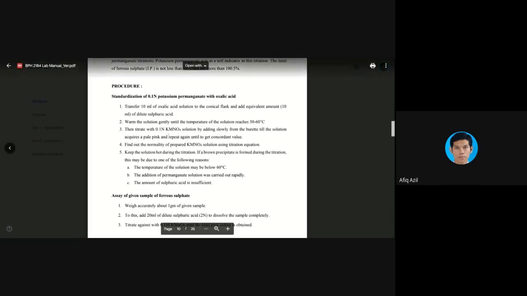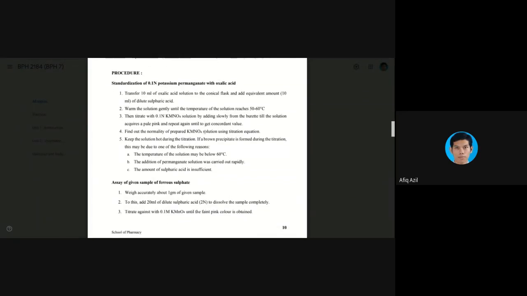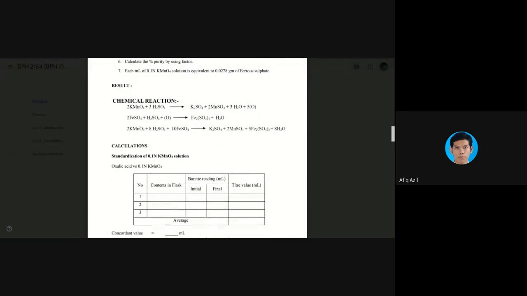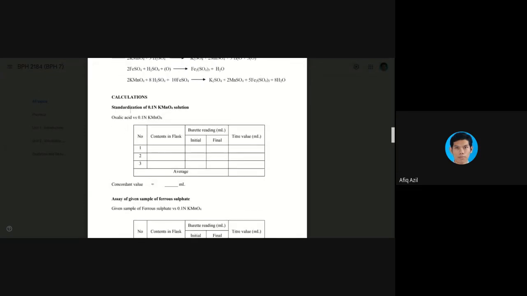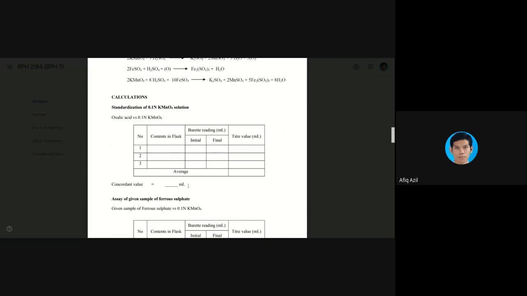So once you obtain the concentration of the potassium permanganate, then only you can go to the assay of iron sulfate. So the calculation, we jump to the calculation first. This is the standardization of 0.1 M KMnO4, whatever the concordant value that you get.